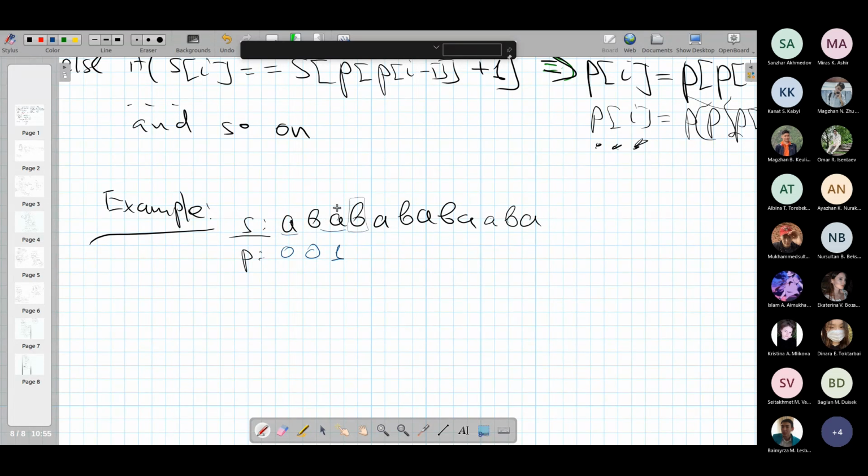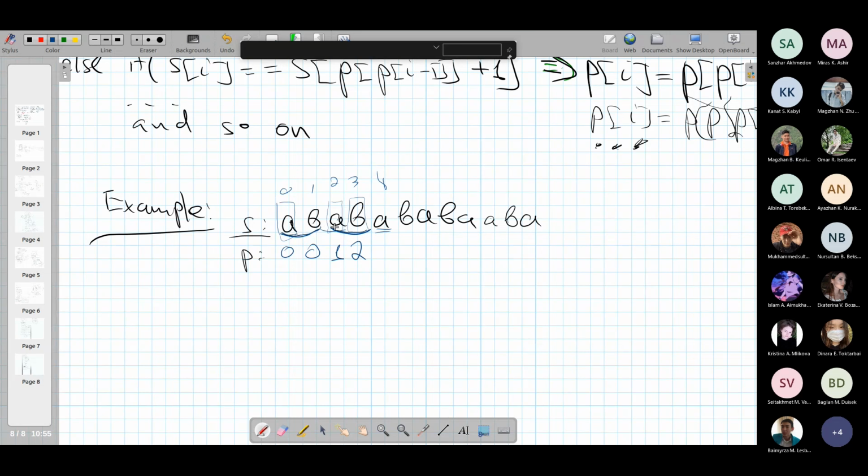Then for position B, we'll try to extend this answer. So we'll have 2 here because this position equals this position. So now we found that this equals this. Then we face position A, at position 4. This is 2. On the previous step we had this equal to this.